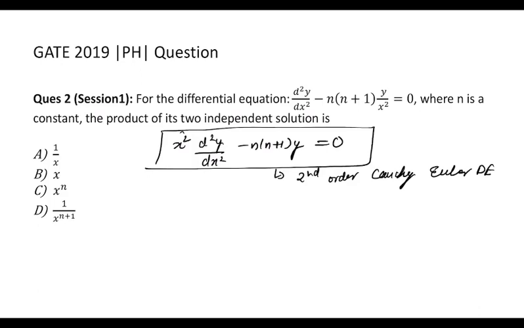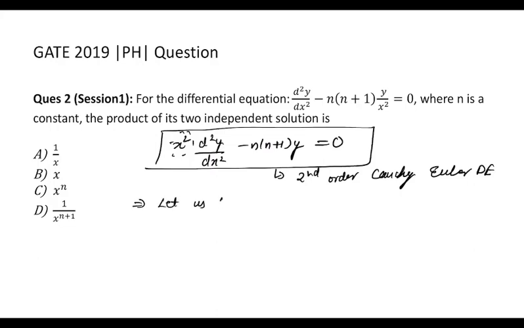This is because we do not have a constant coefficient. This x square term which is coming in front of d2y by dx square is not a constant term. Therefore, it makes this problem a little complex. So there is a way to solve this kind of second order Cauchy Euler differential equation.